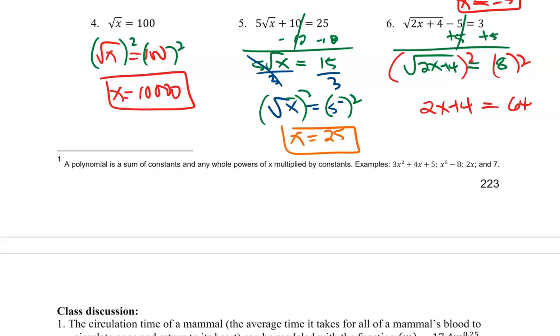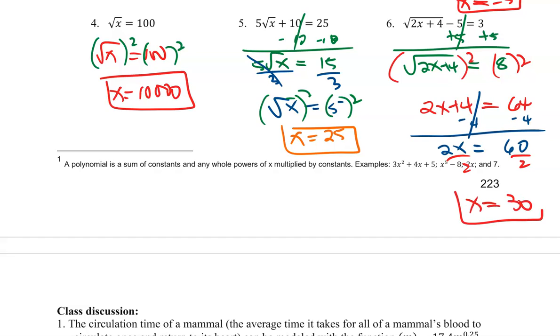Then subtract 4. 64 minus 4 is 60. And last, if we divide both sides by 2, x is equal to 60 divided by 2, which is 30.